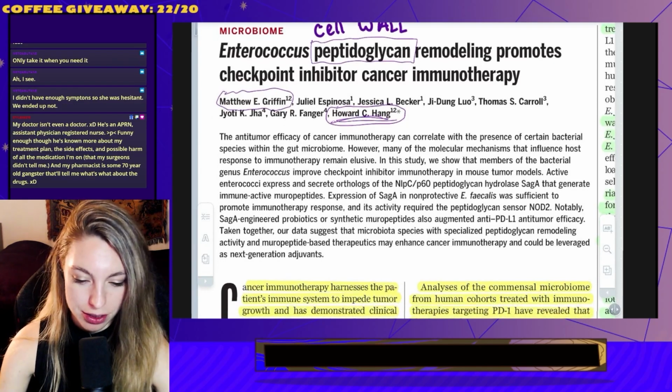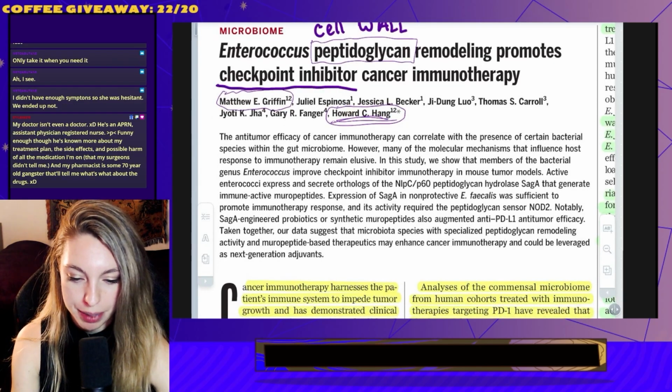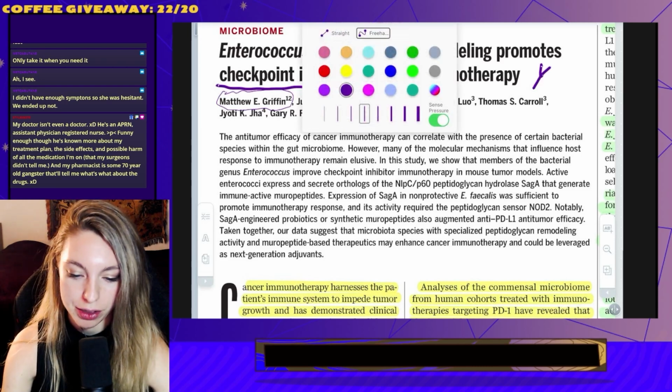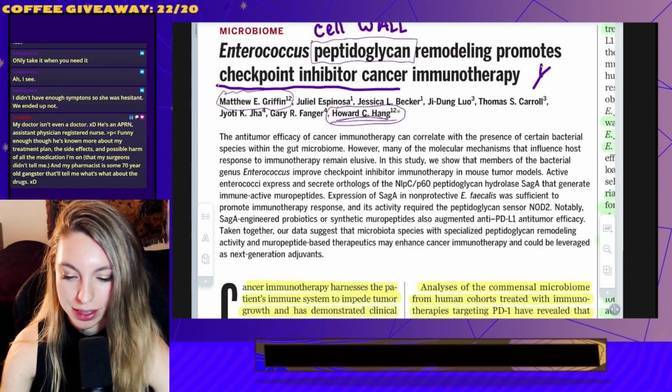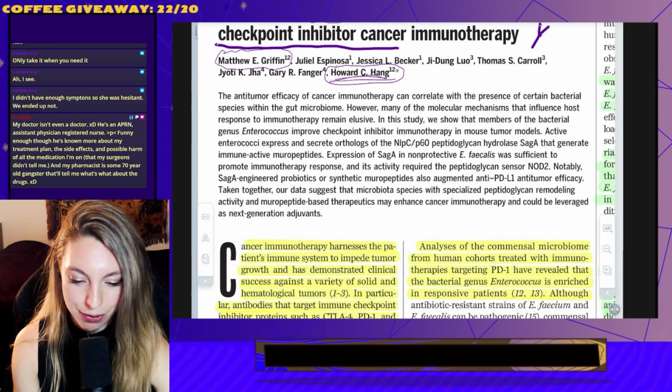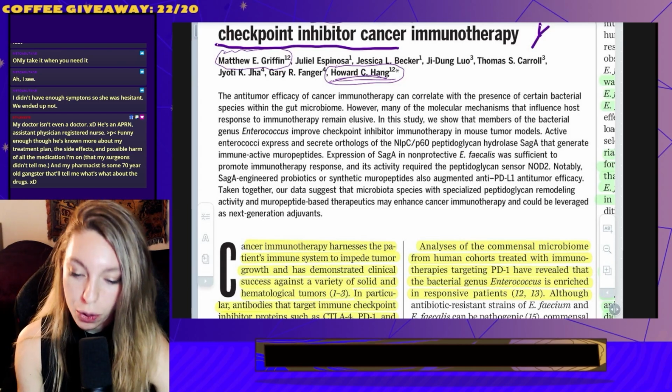Moving along. So checkpoint inhibitor therapy, we talked about this. This is just an antibody, a little Y-shaped thing that blocks the regulatory proteins. I don't need to really explain that again. So the abstract says the anti-tumor efficacy, so how effective cancer immunotherapy is, can correlate.